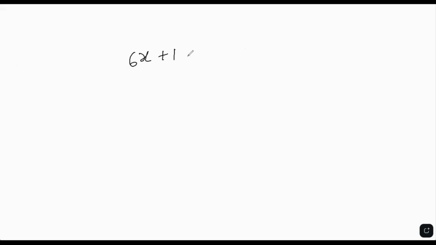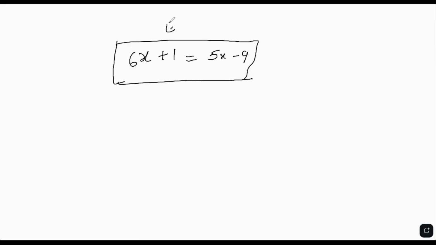So I'm writing 5x minus 9. Is this an equation? Yes. Let us not go to the formal statement. We will learn it informally only. So this is one expression and this is another expression, right?